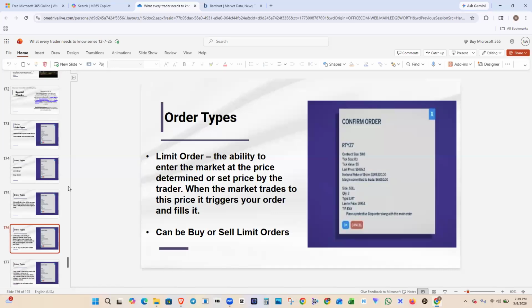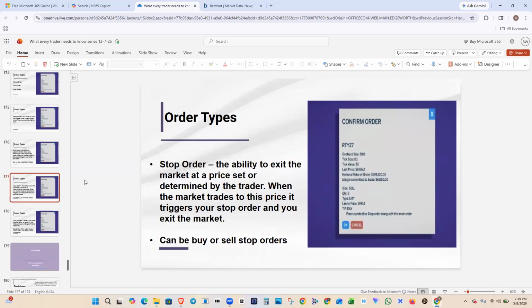Next. Here's where a limit order is essential. When we place our stop order, it's the ability to exit the market at a price that's determined by the trader. When the market trades to this price, it triggers a market order to sell.